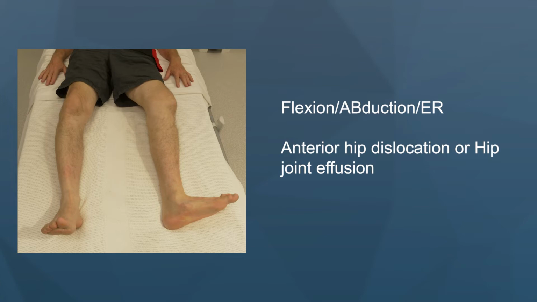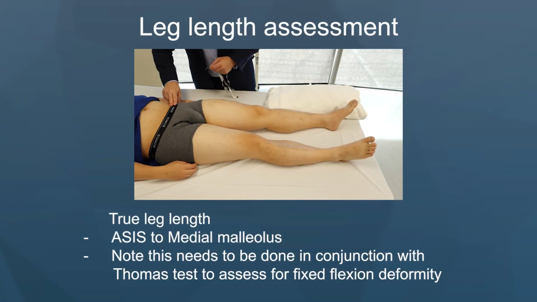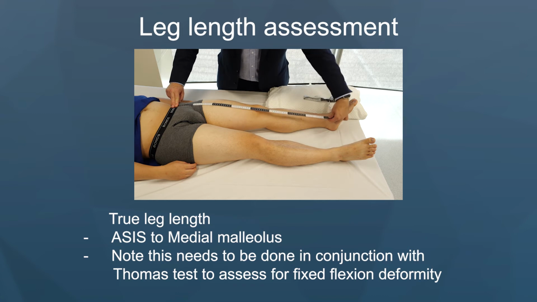But also in a young patient or those with suspected hip infection, this could indicate synovitis or hip joint effusion, as it is the position of least capsule tension. While supine, take this opportunity to assess leg length, quantify any discrepancies and identify where this is located.